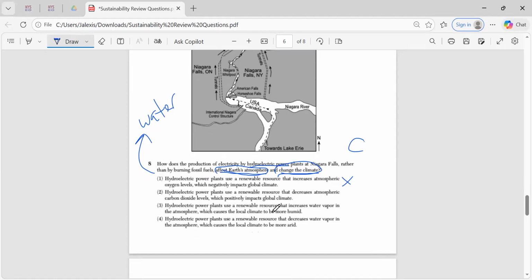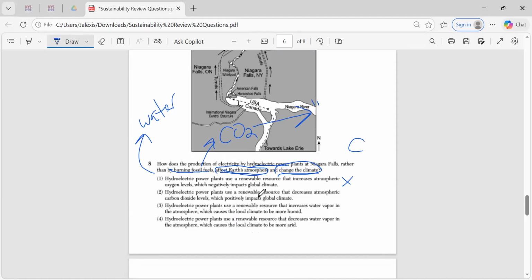Two, hydroelectric power plants use a renewable resource, that is true, that decreases atmospheric carbon dioxide levels, which positively impacts global climate. Well, when I look at burning fossil fuels, we know that burning fossil fuels produces what, everybody? Carbon dioxide, CO2. And what do we know about CO2? We know that this affects global warming.